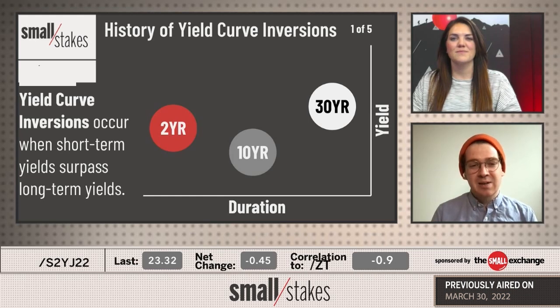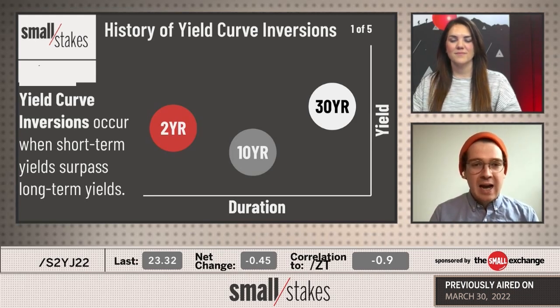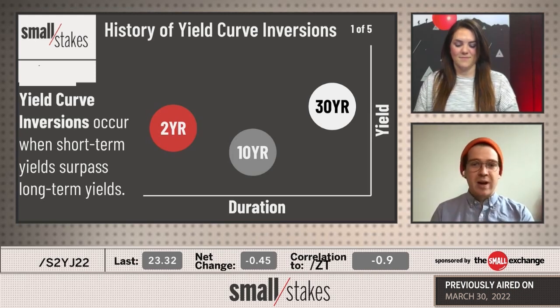From a technical standpoint, yield curve inversions simply mean short-term yields have surpassed long-term yields. The funny thing is, if you put a magnifying glass on the US Treasury yield curve, which you easily can at one of my favorite places, treasury.gov, they've got historical data on 1-month T-bills all the way out to 30-year Treasury bonds.